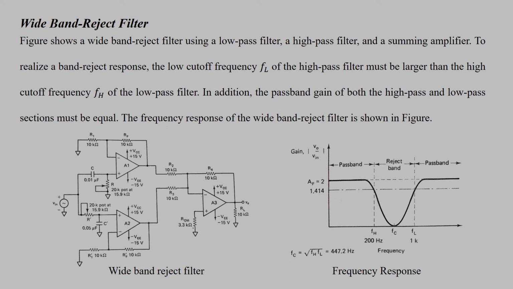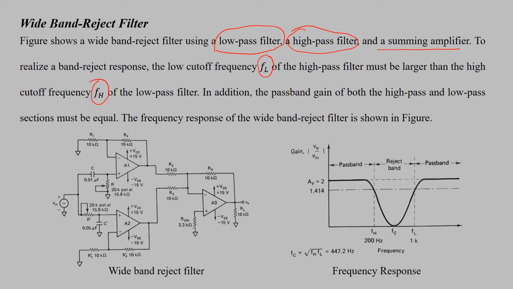The figure shows a wide band reject filter where we are using one section of low pass filter, one section of high pass filter, and a summing amplifier. To realize a band reject response, the low cutoff frequency FL of the high pass filter must be larger than the high cutoff frequency FH of the low pass filter.